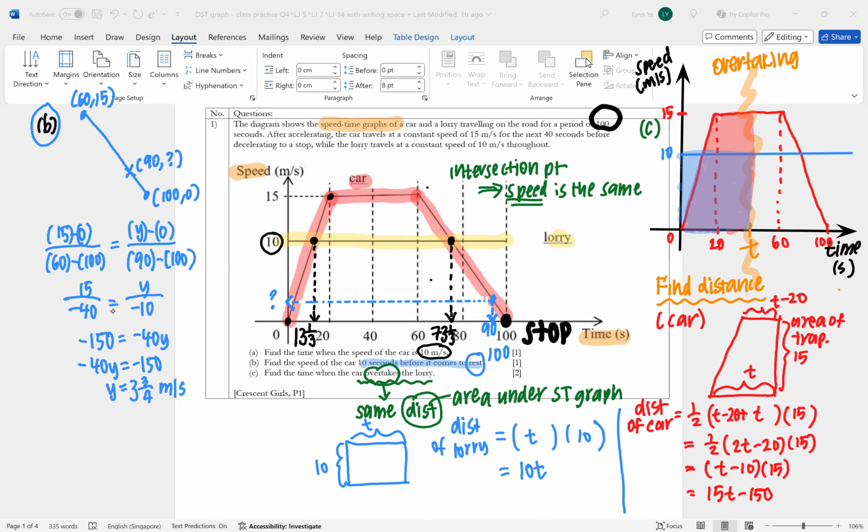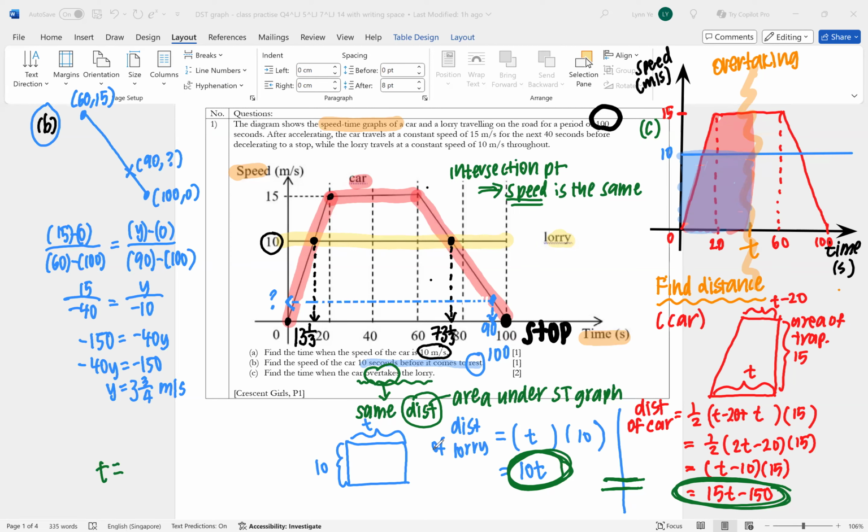So in math, what does same mean? Same means what symbol? Equal. So I know that the circled one of this person is equal to the circled one of this person. And from there, you can solve and tell me what's your T value. Go and then let me mark.